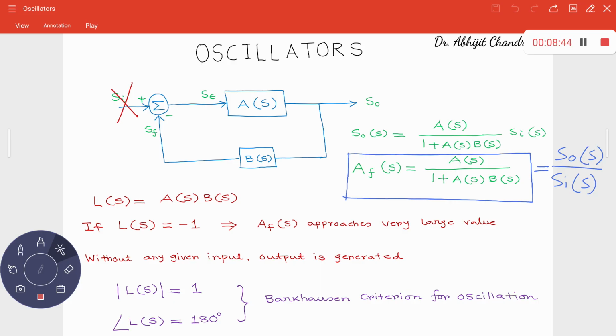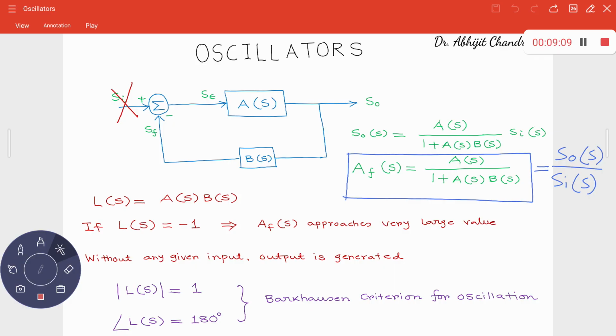As I have already told you, both A(S) and B(S) involve some frequency sensitive elements like capacitors and inductors. So you expect that there will be some phase difference between the input and the output. Since L of S is equal to -1, mod of L(S) is equal to 1, and the angle of L(S) is equal to 180 degrees.